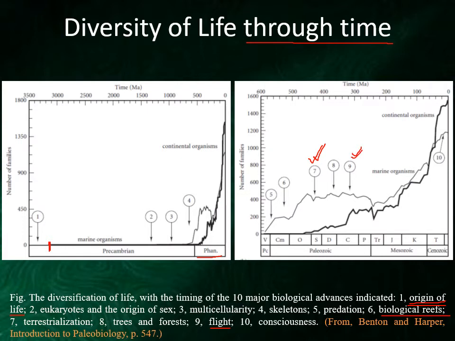And lastly, the consciousness, that is the sense that happened during this time interval. So these 10 are the major steps life took in its entire journey path, starting from its origin about 3.6 to 3.7 billion years ago to the present day.